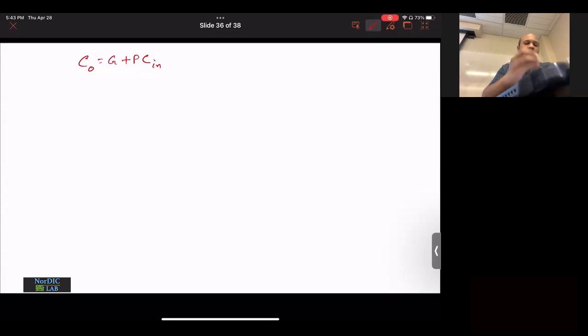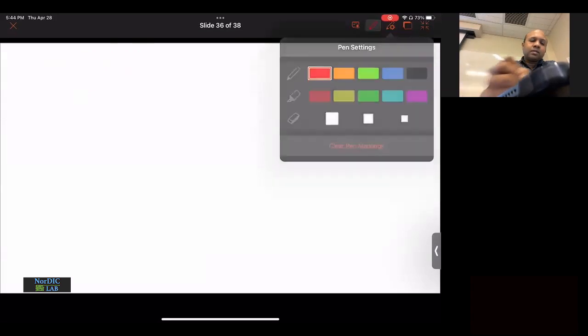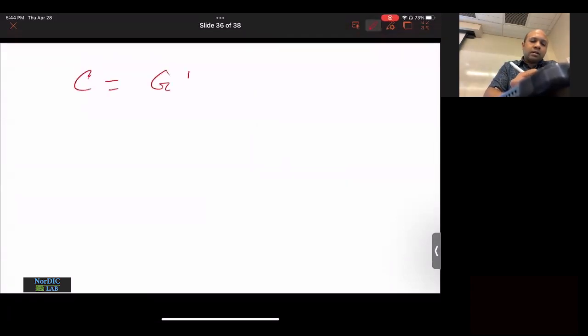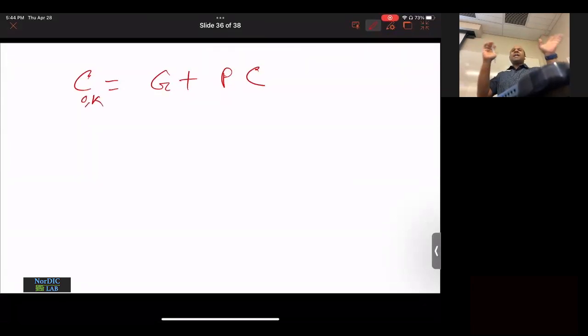So the carry out of a given stage, let's consider that this is stage K, is the generate of that stage plus propagate of that stage times carry in of that stage. Or can I say the carry out of the previous stage? Let's see, carry out of a given stage, kth stage or ith stage, whatever.